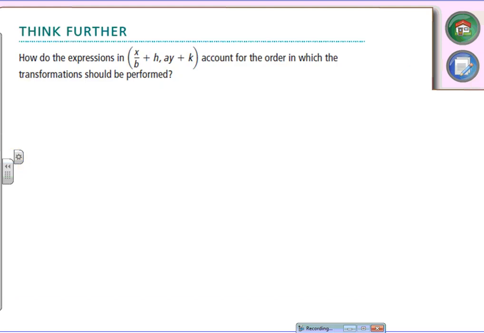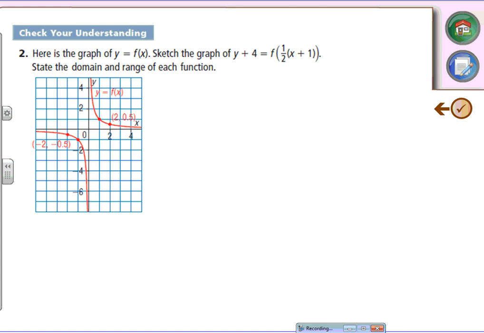And so now, I talked to you about the order that we do our transformations. Is that what we just talked about? How does that talk about your order? Figure that one out. Alrighty. Number 2. What is this telling us to do? First thing, deal with your stretches first. So this is inside the brackets with the x.